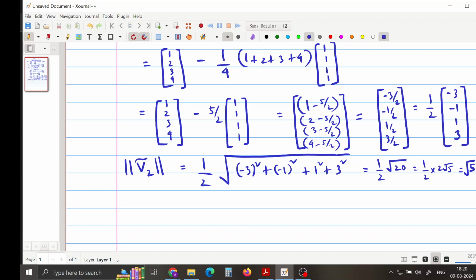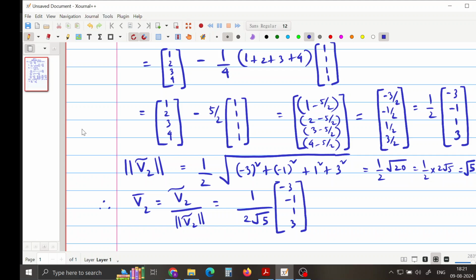Therefore you can now write v2 bar as v2 tilde divided by the norm of v2 tilde, which is 1 by 2 root 5 times minus 3, minus 1, 1, 3.